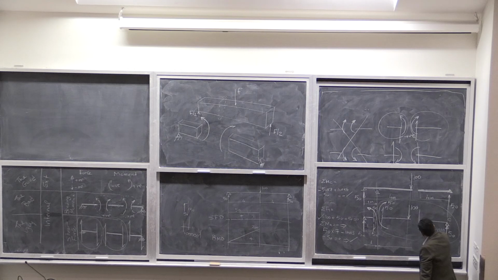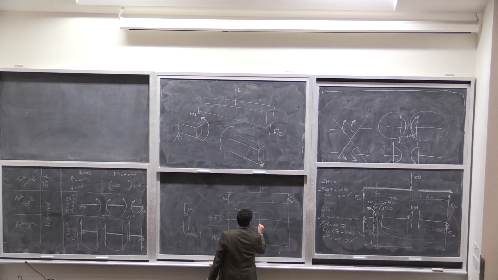This is 50 coming down. And there is another 50 going up here. Shear-wise, when I look at this section, I look at the left side, it's 50, but coming down. 50 up from the left is positive, which means that this is negative.